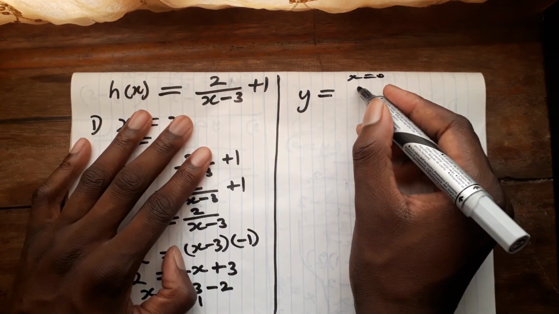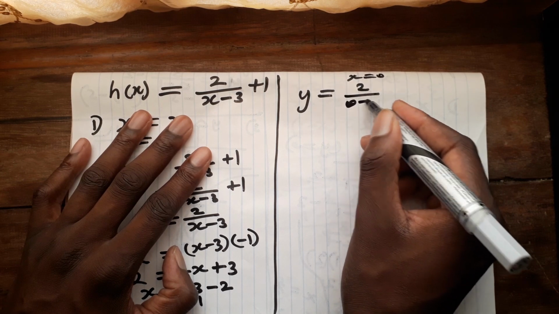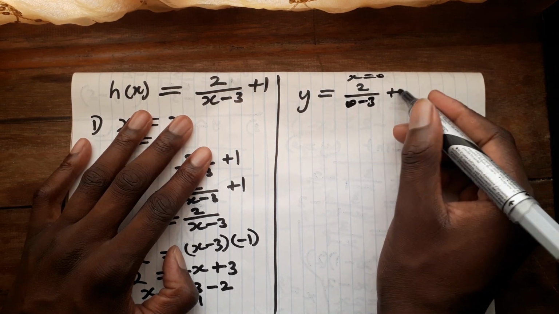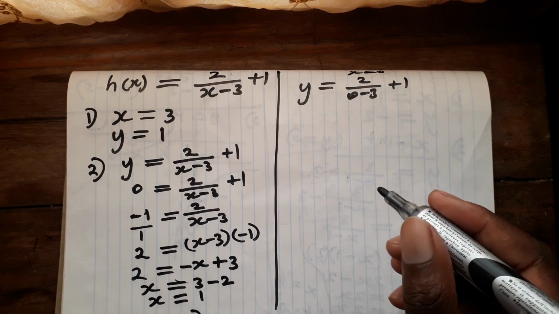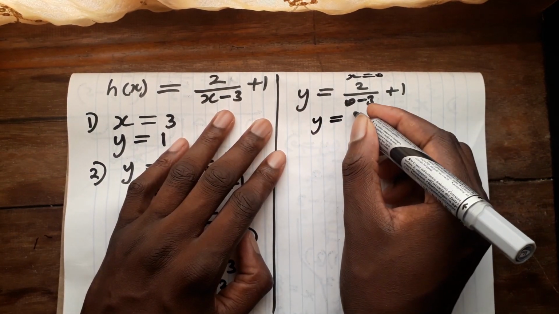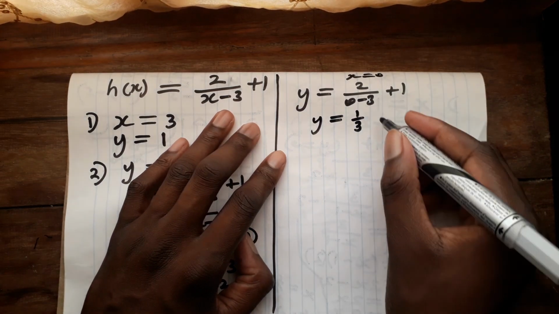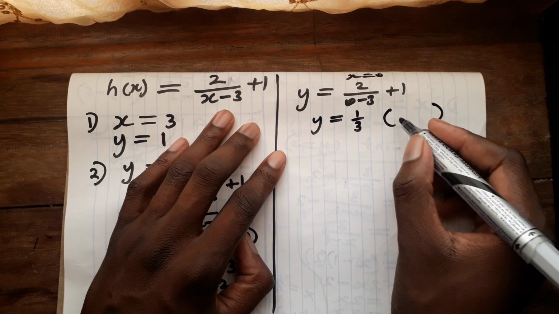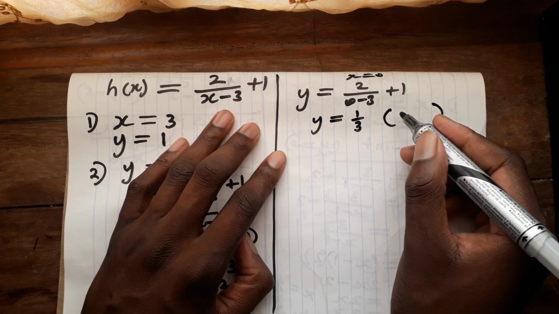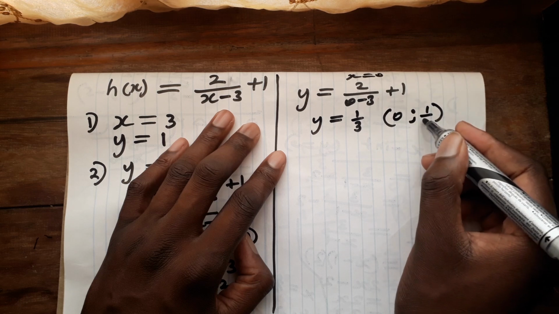So we're going to say 2 divided by x, which is going to become 0 minus 3, plus 1. This is going to give us y equals 1 over 3. Then the y-intercept is going to be 0 and 1 over 3.